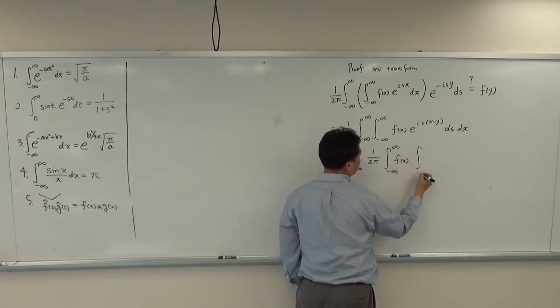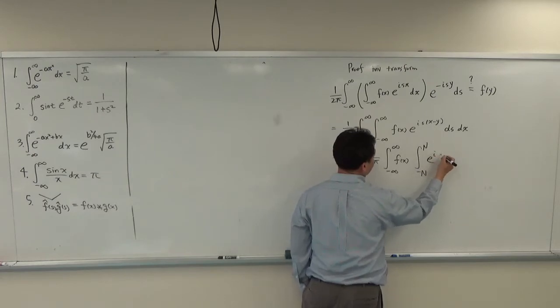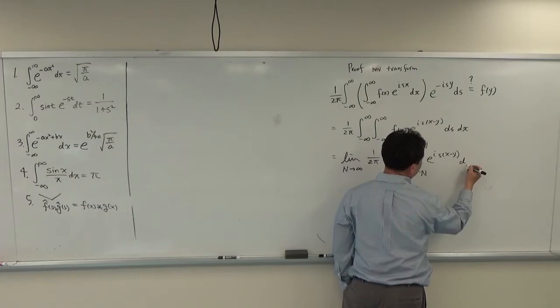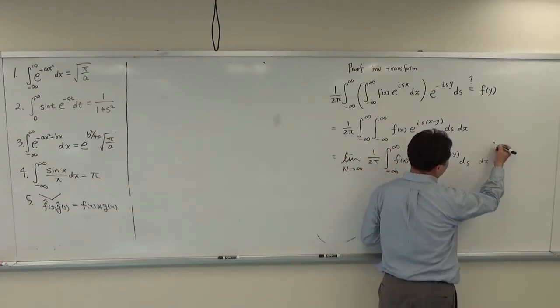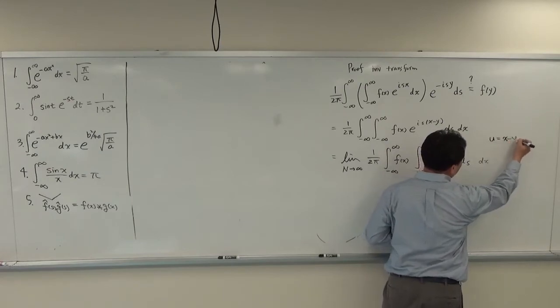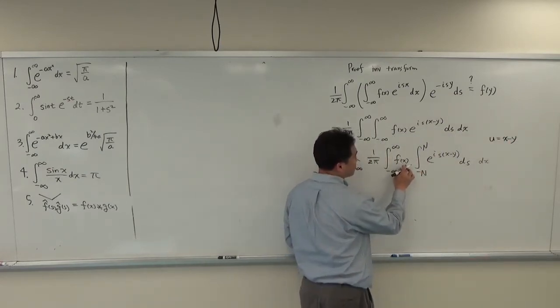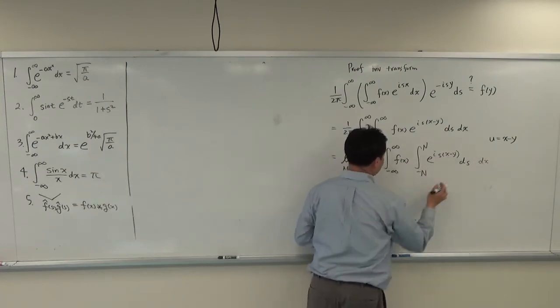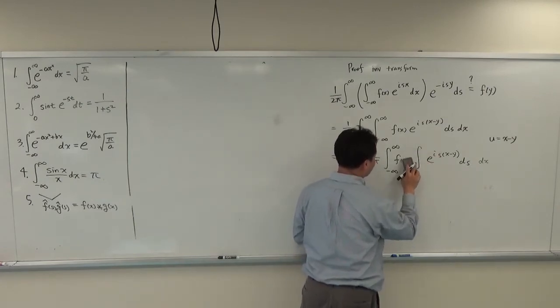And then the integral is from negative n to positive n of e^{is(x minus y)} ds. Let u be x minus y again, so that x would be u plus y, and this would be u, and this would be dx. Okay, and so sorry about that.